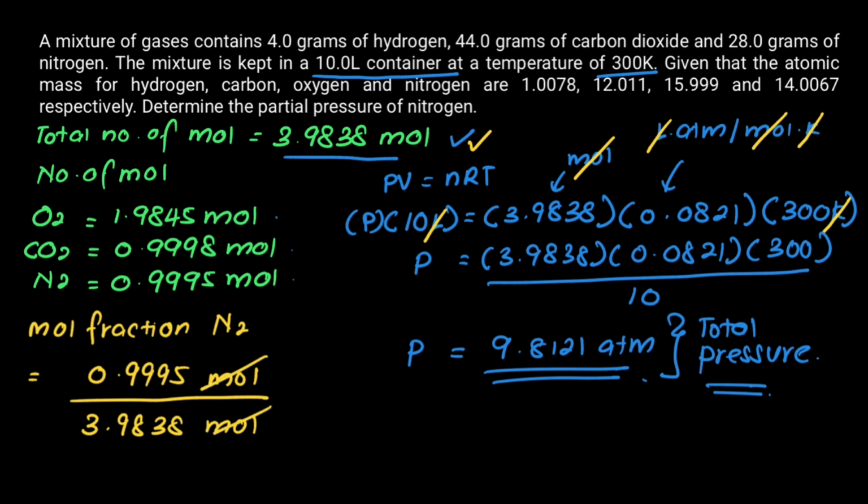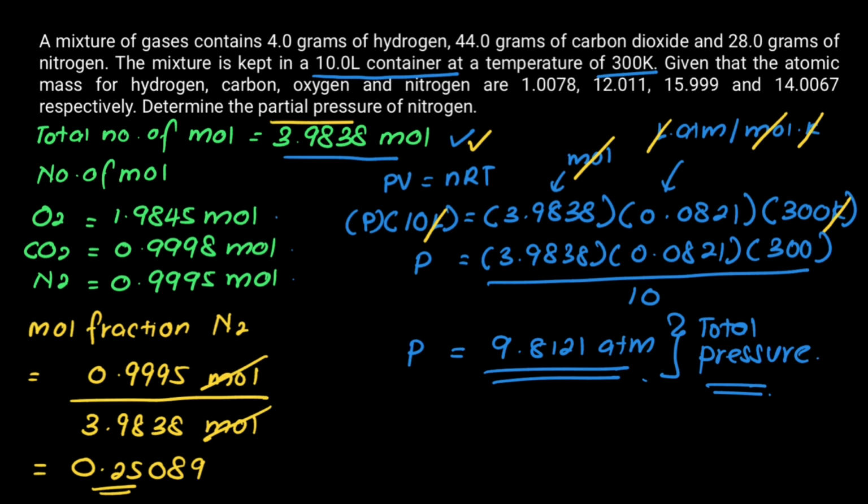You can slash out the units. So you will get the mole fraction for nitrogen equivalent to 0.25089.